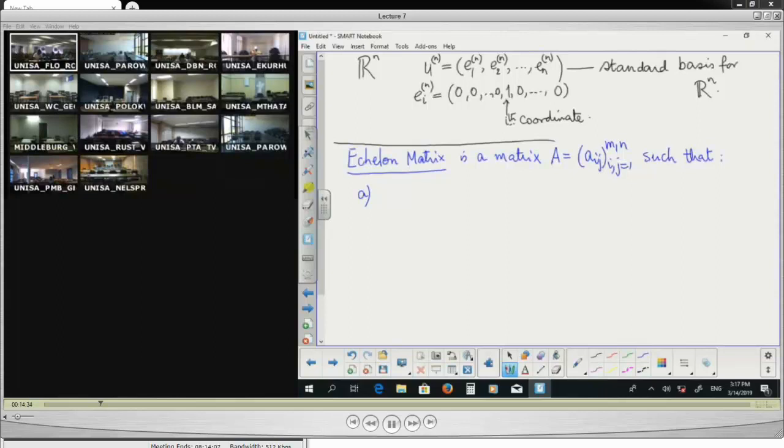Each row is either a row of zeros, okay? For each i, the first non-zero entry, often called the leading entry.